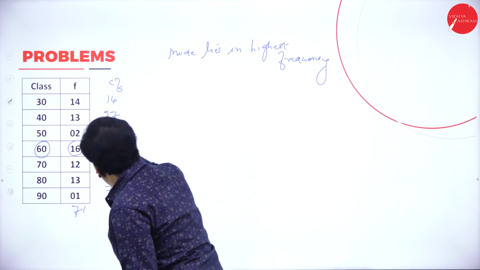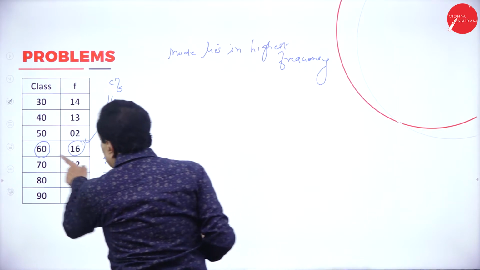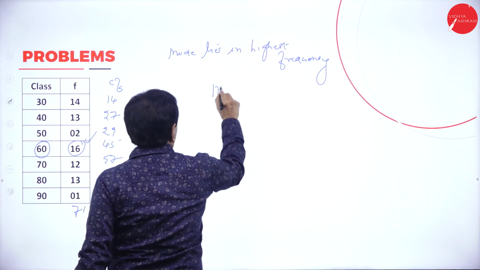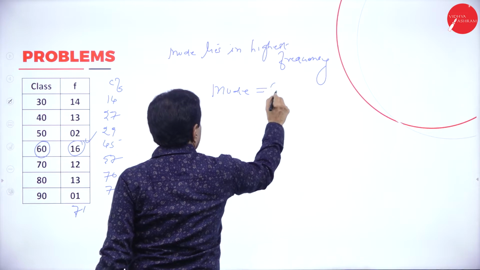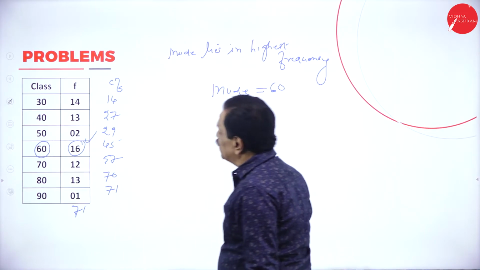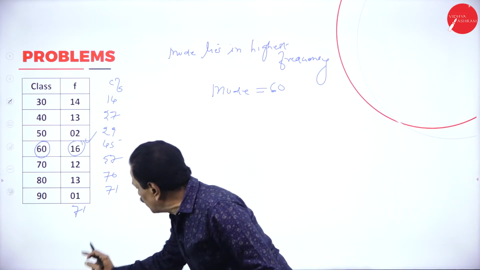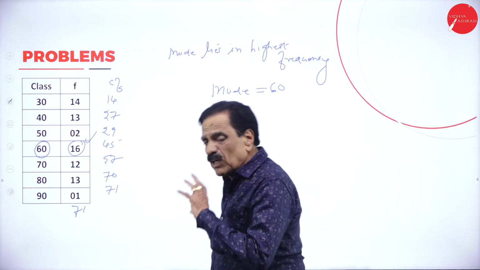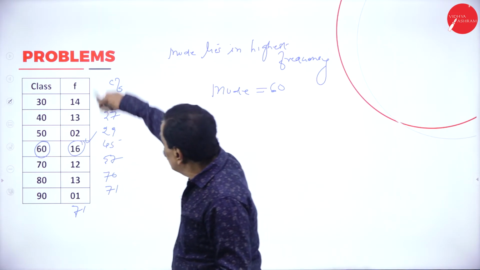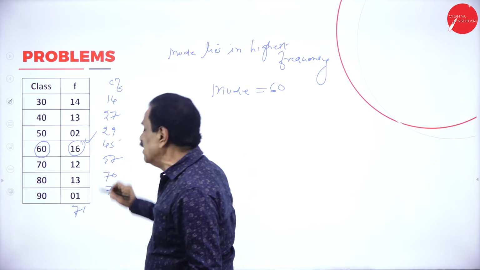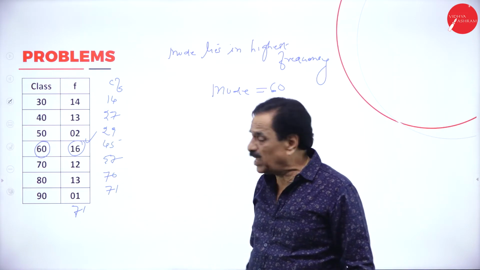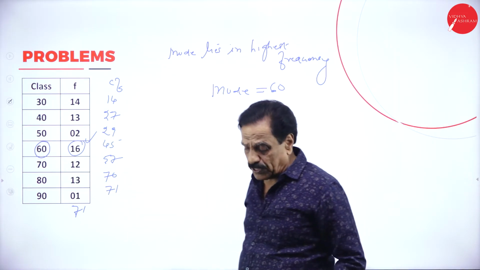Which is the highest frequency? 16. The constant value is 60. Therefore, mode is equal to 60. The CF is not necessary, it is just to find out the total number of frequencies. What we actually have to do is find out which is the highest frequency. Which is the highest frequency? 16.